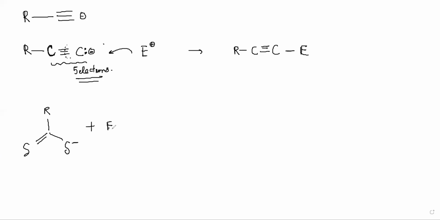E plus will be straightforward: E plus will attack here and bond to that. That should be the answer here. There's no issue. So this becomes R, double bond S, S, E, because there is an extra lone pair and it will form a bond with the electrophile.